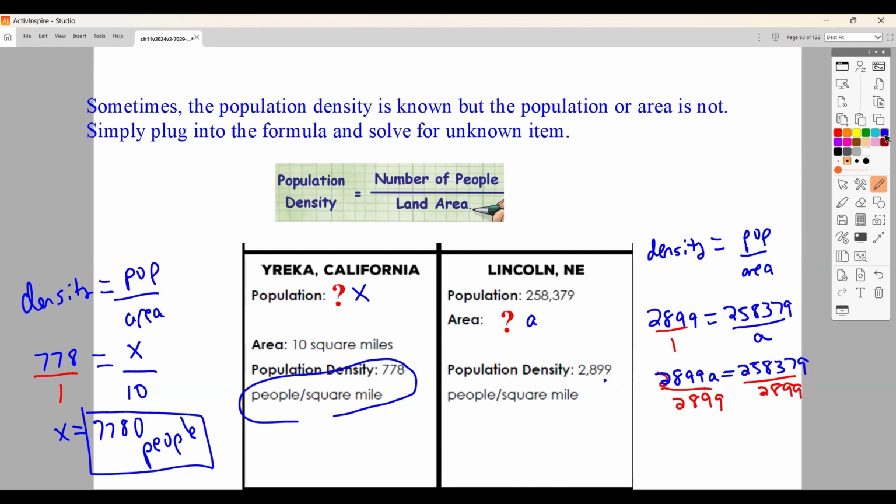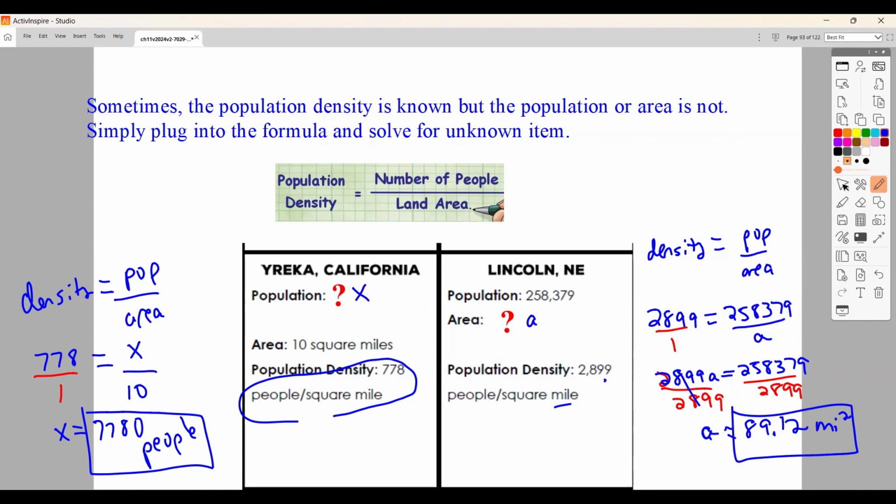If you do that, you're getting the area is approximately 258,379 divided by 2899, and you're getting 89.12. Now it's area, so the units are square miles. And that's my answer for that one.